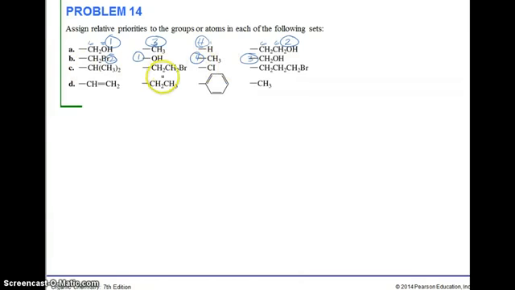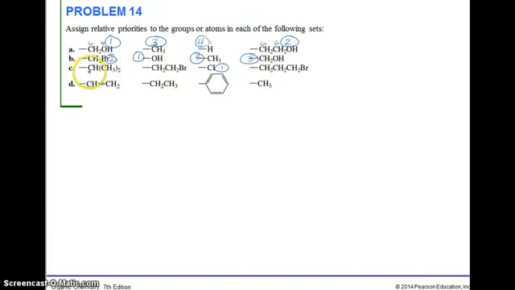For C, we have 3 carbon groups and a chlorine. Chlorine is going to take top priority, and we're going to have to rank our carbon groups. But it looks like we're going to have to go 3 atoms over.